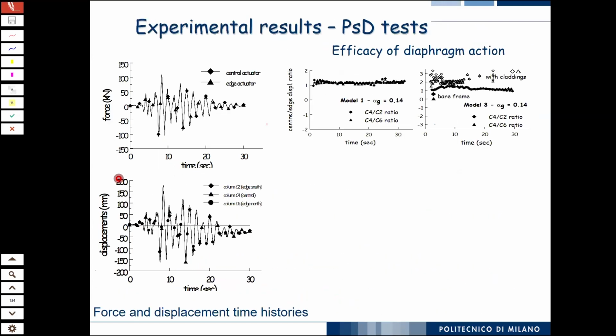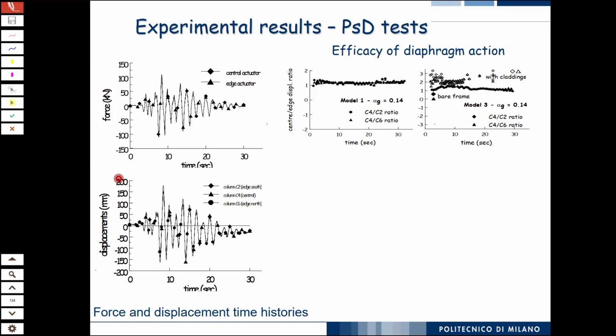Well, if you have the panels, what happens is that the frames close to the panels stay almost fixed, and the central one has a larger displacement. And you see with the claddings, which are these hollow markers, that the ratio between the central and the lateral columns was 3, and then it stabilizes over 2.